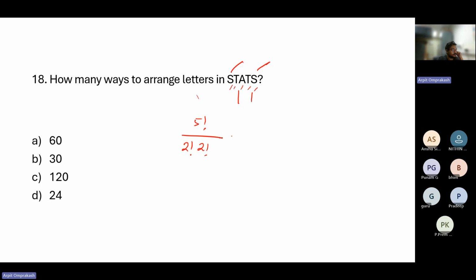So the number of arrangements is 5 into 4 into 3 into 2 into 1 divided by 2 into 1 and 2 into 1. Cancelling, we get 5 into 3 into 2, which is 30. So the answer here is option B, 30.